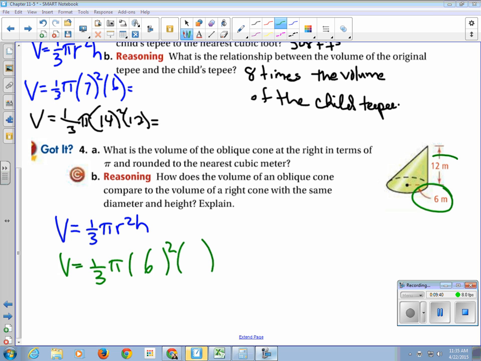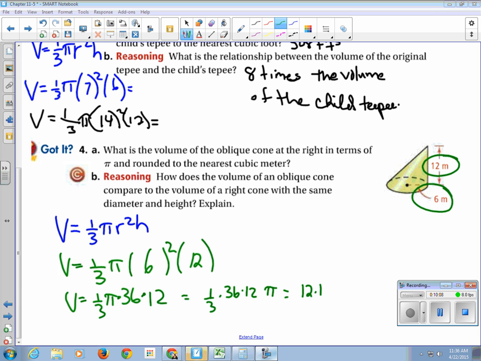We're going to square it, and our height is 12. If we walk this through step by step, 6 times 6 is 36, times 12. If I shuffle this around, I got 1/3 of 36 times 12, and then the pi is on the end. A third of 36 is 12. And 12 times 12 is 144.